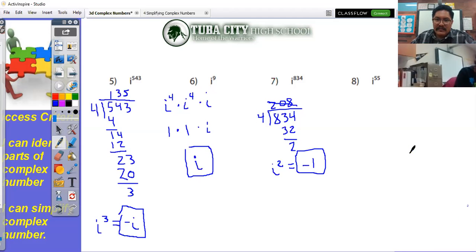All right, luckily for this one, we have a much smaller number. 4 divided by 55. So 4 goes into 5 1 time. 5 minus 4 is 1, and bring this down so it becomes 15.